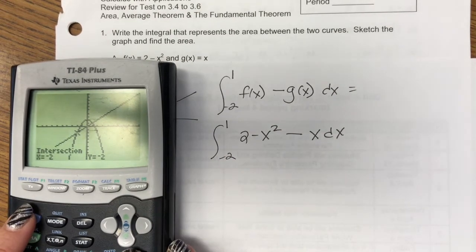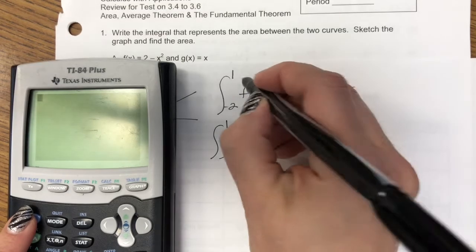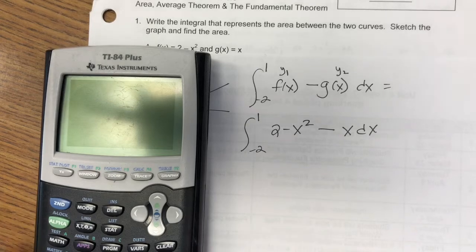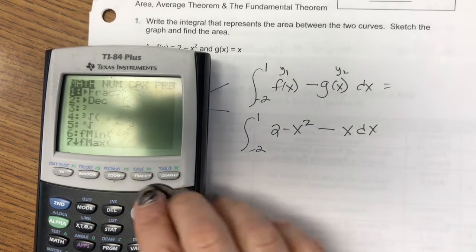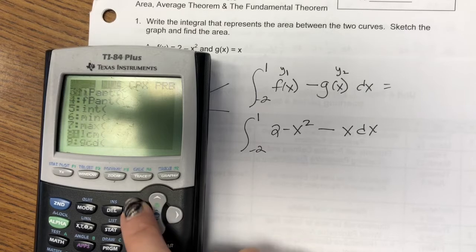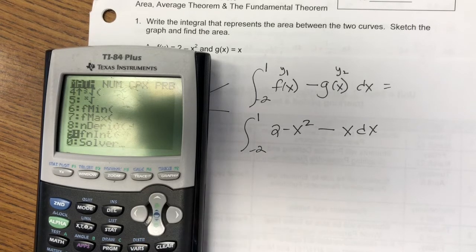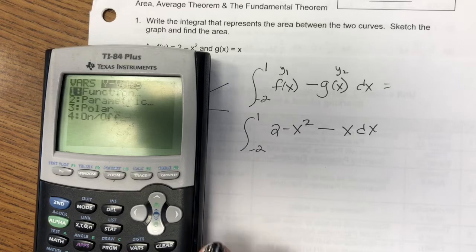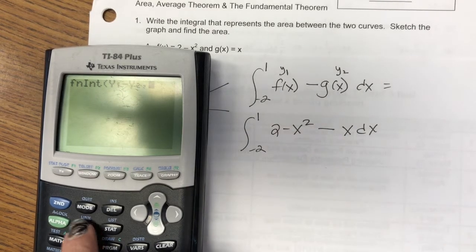So now in the calculator, because I don't have to use the fundamental theorem of calculus, I can do the integral. So I like to do the math, num, and then at the bottom, oh no, I think it's under math, sorry, just math, at the bottom, fn int. I have the old kind of calculator, so I have to do the comma version like this.